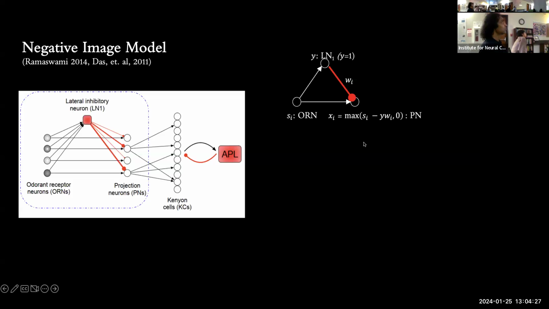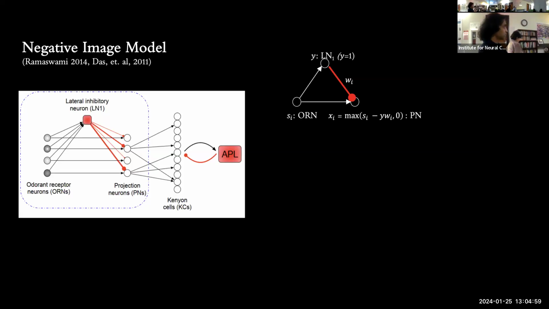And the amount of increase in the synaptic strength is proportional to the activation of PNs and LNs. You can see that as time goes by, if you continue experiencing this odor, and this odor conveys no information, so there are no other changes in your internal state, then the final result is that the synapses between LNs and projection neurons will form an image of the incoming odor.